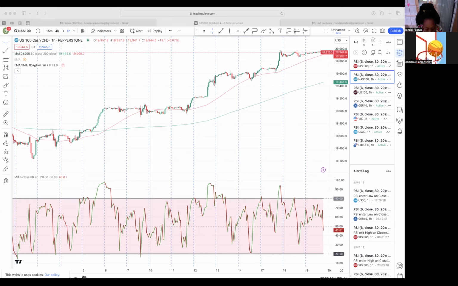Yes. Before we pull the trigger, we wait for the confirmation candle. Then we mark our target and stop loss, right? Yes, target and stop loss. That's how we execute. Bang, pull the trigger. Boom, we're in.